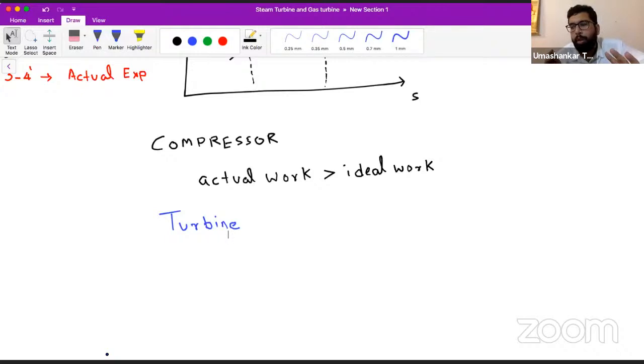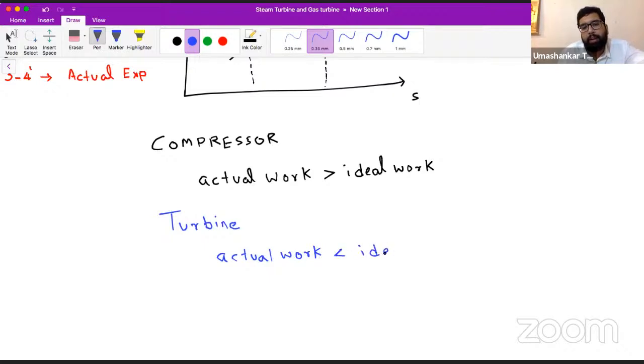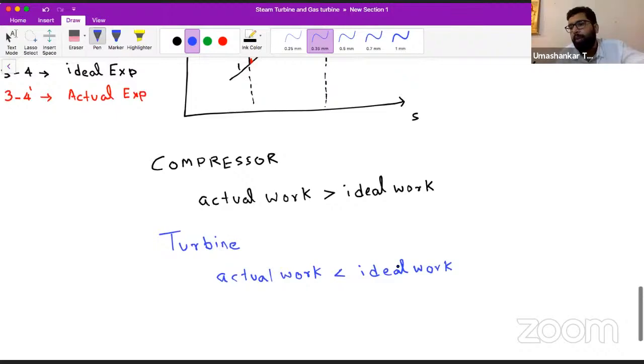In general also, when we are giving money to someone and we are in loss, we have to give more; and when we are getting money from someone and we are in loss, we are getting less. So in a turbine, what loss will happen? The actual work of the turbine, what you are actually getting, will be less than the ideal work.